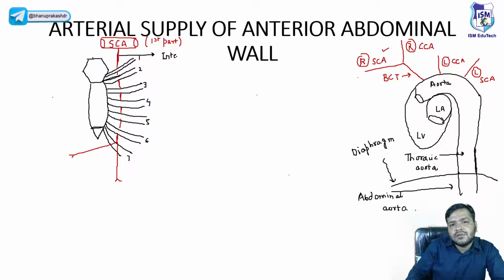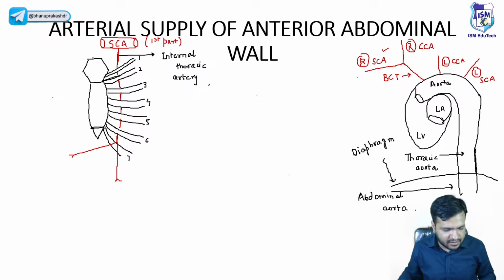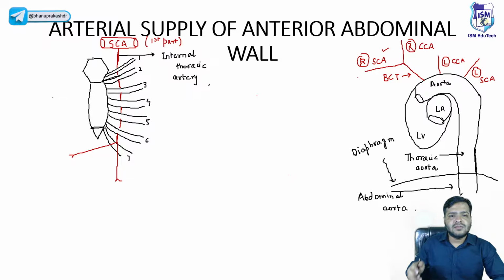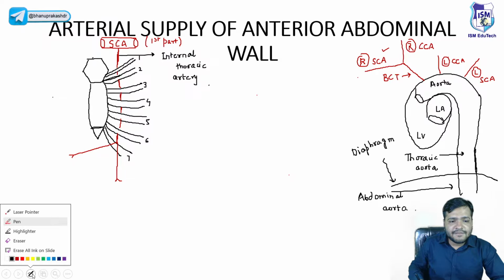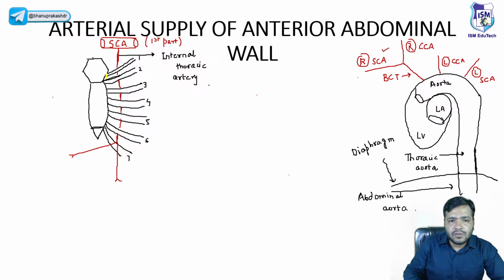We have this internal thoracic artery. Now, this internal thoracic artery, beta, we have six intercostal spaces.